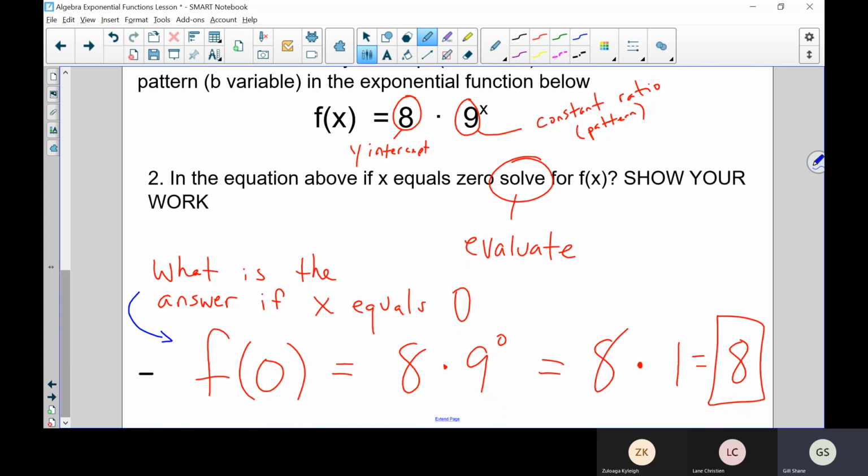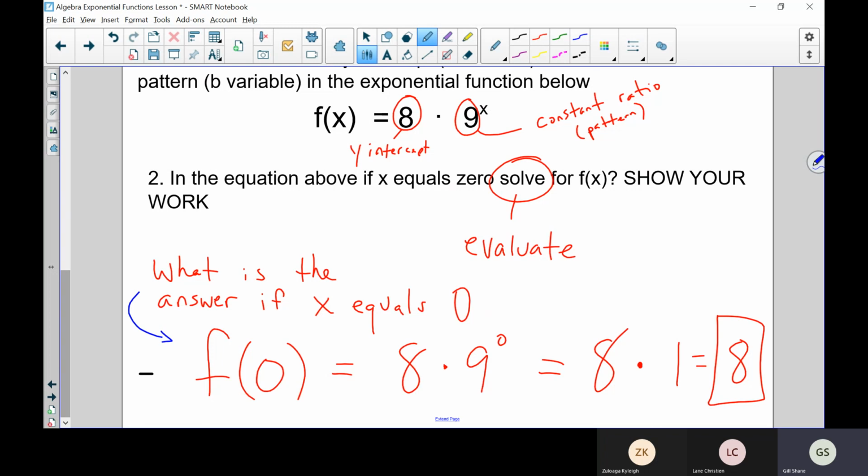If I say solve for f of x when x equals 0, what does that mean? I talked about the equation above. I want you to solve that for x equals 0. What do you do?